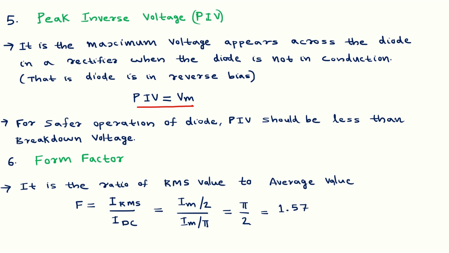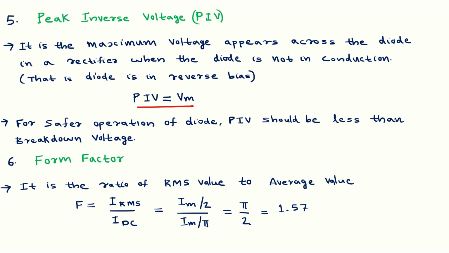That means if I try to apply more than 10 volt across this diode, it will get damaged. That is known as breakdown voltage.